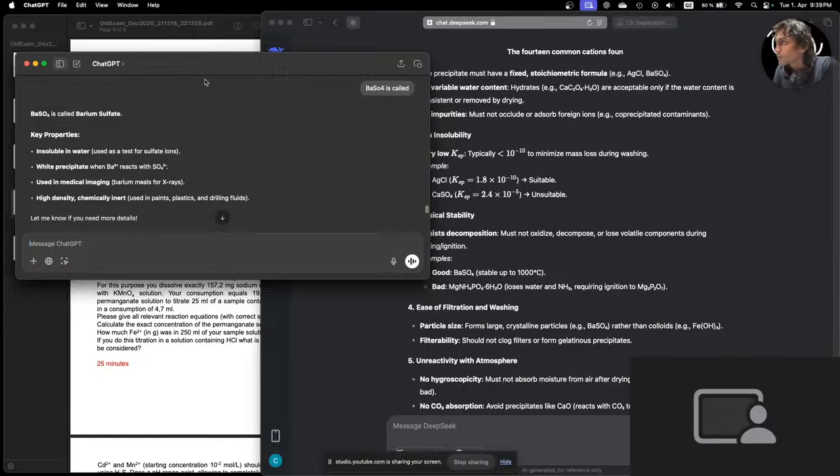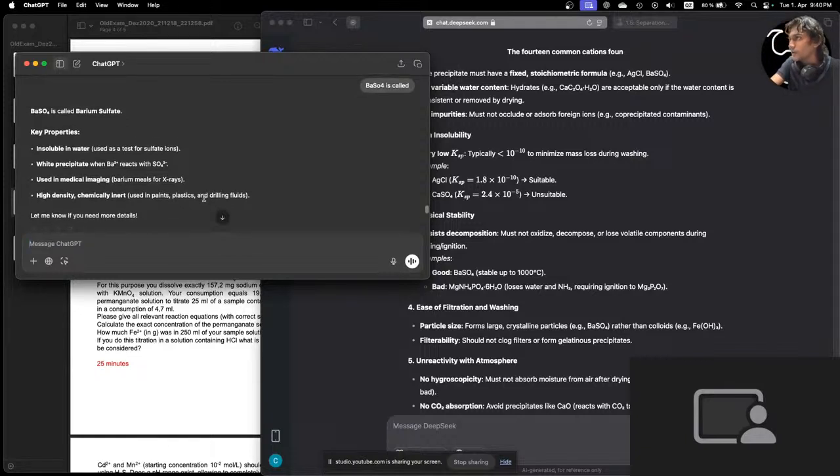I wanna try if it's okay. BS for barium sulfate. So, if I understand correctly, it is, what is it? Barium is a sulfide. No, I was thinking something different.